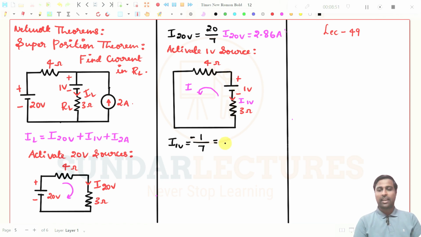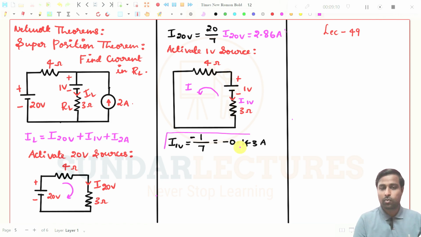Simplifying, it will be minus 0.143 amperes. So I due to the 1 volt source is equal to minus 0.143 amperes.